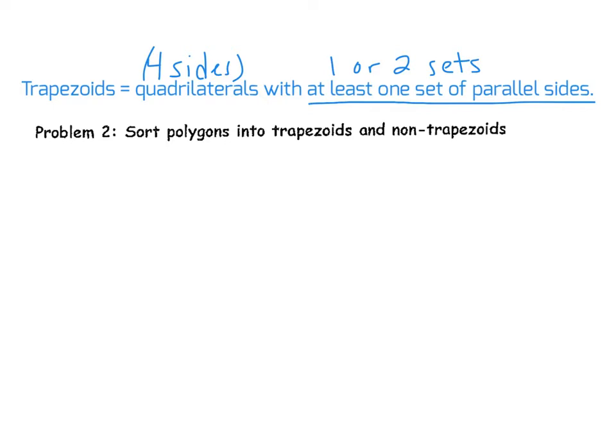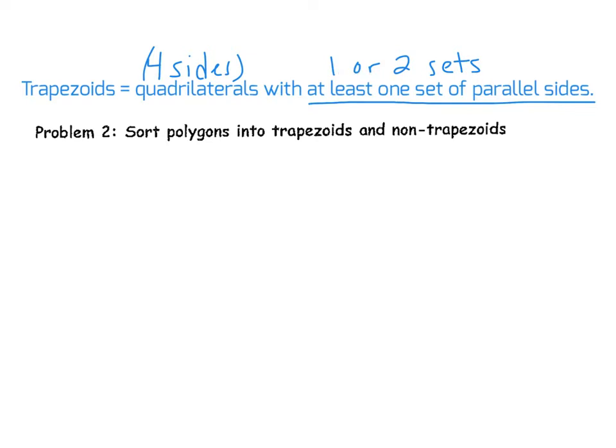Problem number 2. Sort the polygons into trapezoids and non-trapezoids. So let's review the definition of a trapezoid. Trapezoid is quadrilaterals, 4 sides, with at least one set of parallel sides. So 1 or 2 sets of parallel sides.